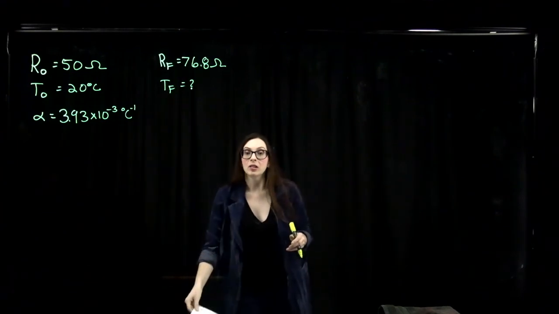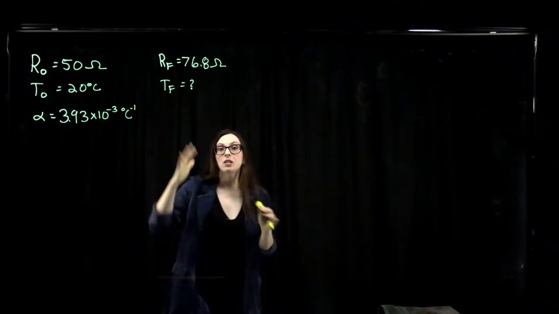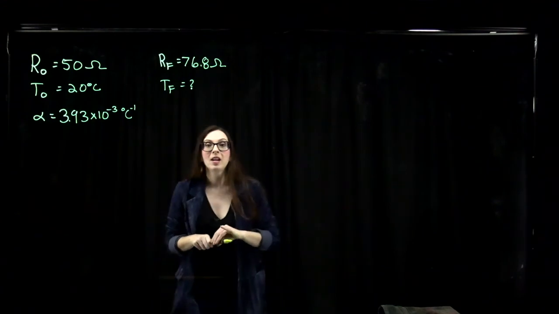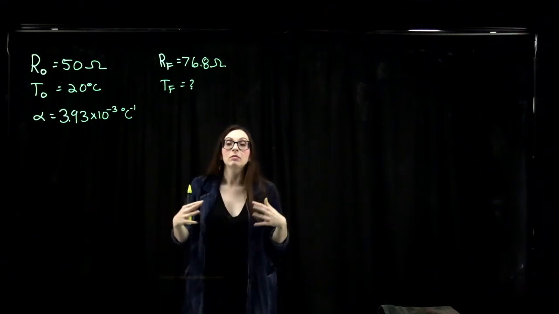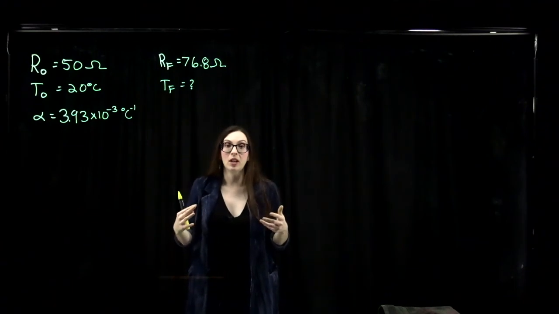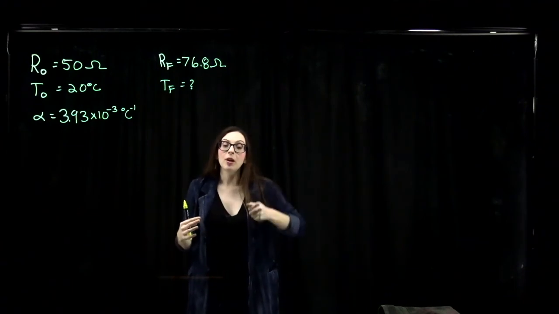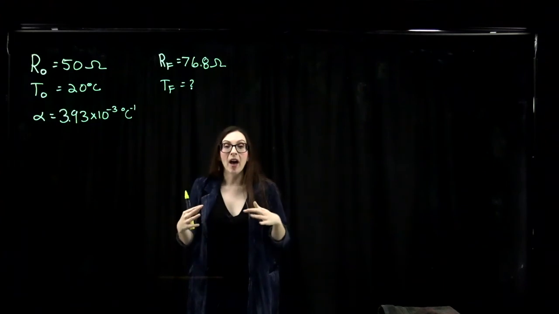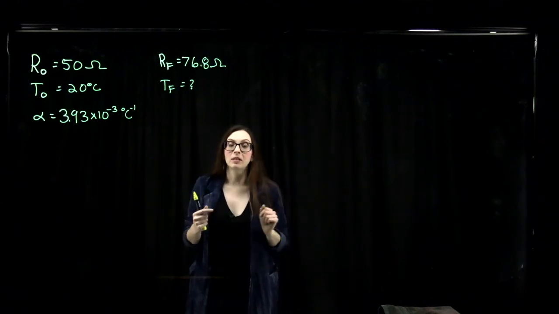Okay, so that's going to be the final temperature, essentially, of our thermometer, right? So our thermometer measures temperature by measuring the change in resistivity. This thermometer, we're going to put it into a vat of melting indium. This thermometer is going to quickly match the same temperature as the melting indium.